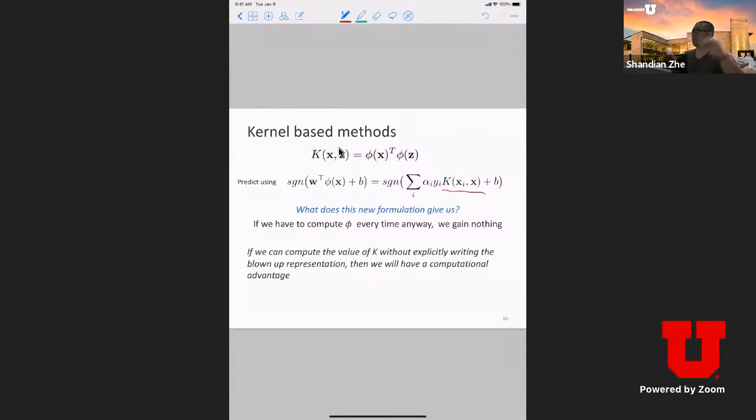A natural question would be, for some particular feature mappings, do we have a simplified way to compute this inner product after feature mapping? In other words, can we just compute this function in the original feature space, but the result is the same as if we explicitly perform feature mapping in a very high dimensional space and then calculate the inner product?